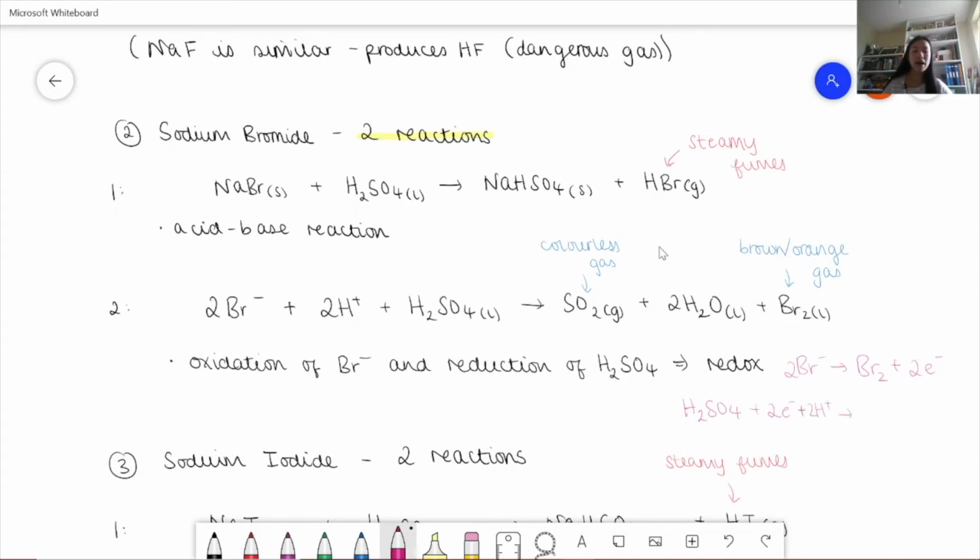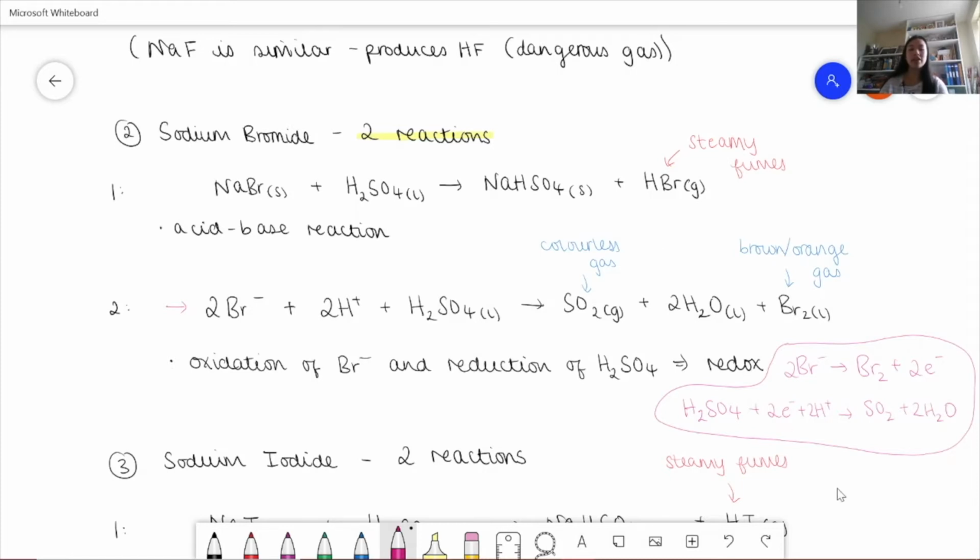If you can't remember how to form these redox equations, then quickly go back to the redox chapter to remind yourself. They've converted the sulphuric acid to sulfur dioxide by reducing it, and the bromide ion they've oxidized, and they've just combined these two equations together to form this equation.